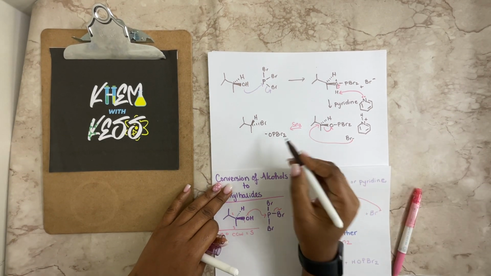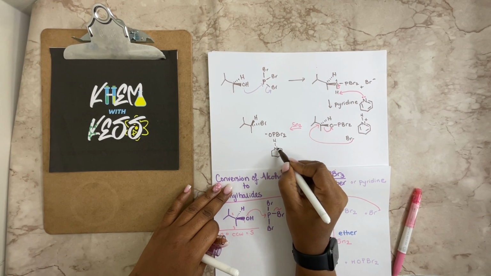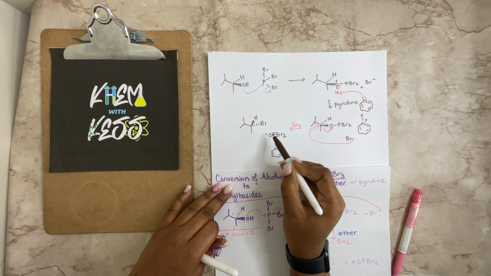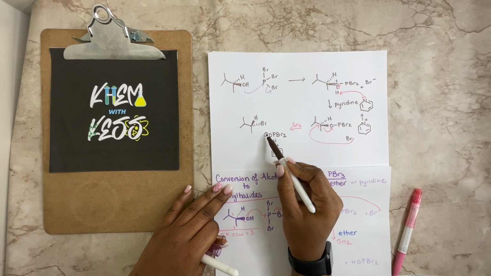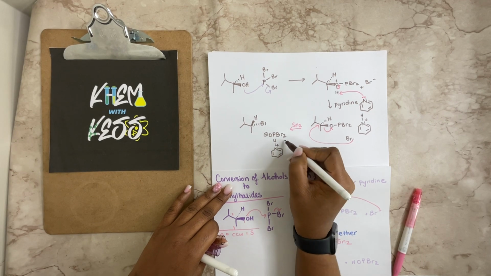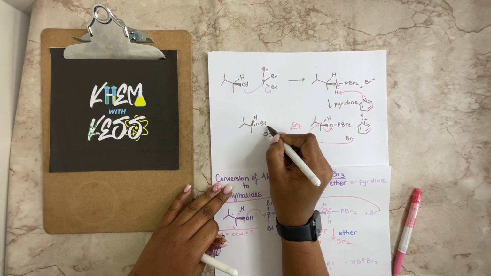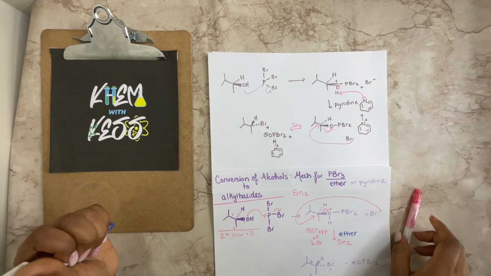And the pyridine is still lingering because this has a negative charge and this has a positive. This negative could grab the hydrogen and stabilize it. But again, these are just byproducts, so we're not really worried about that portion.